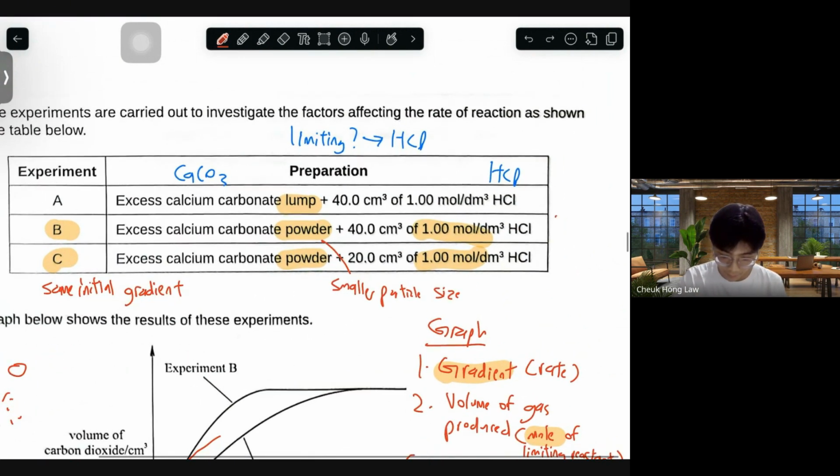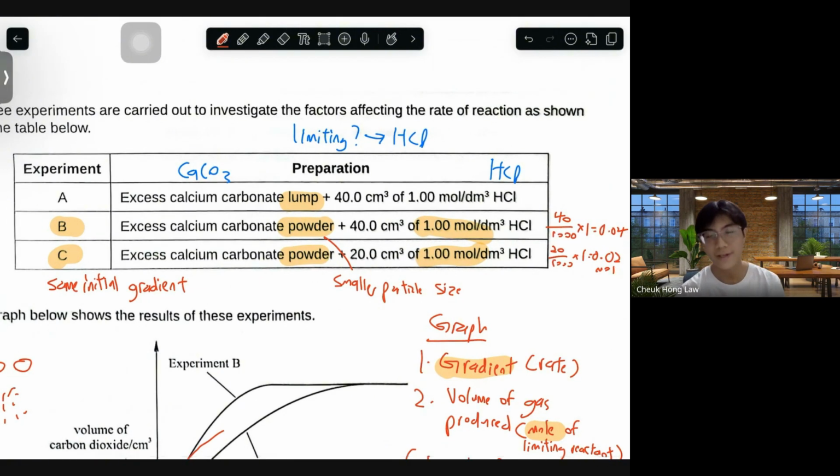So since HCl is limiting, let's find the number of moles. This one will be 40 over 1000 times 1, which is 0.04 moles. This one is 20 over 1000 times 1, 0.02 mole.